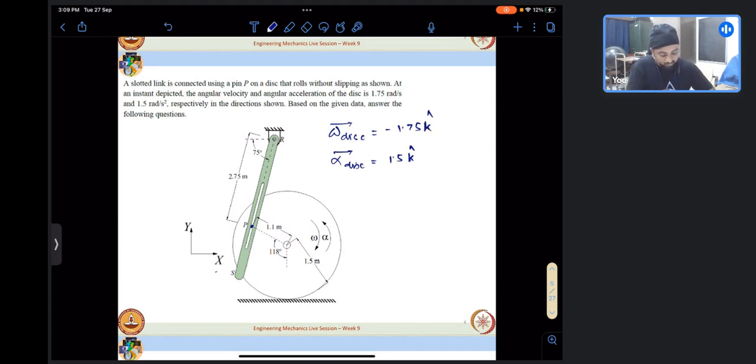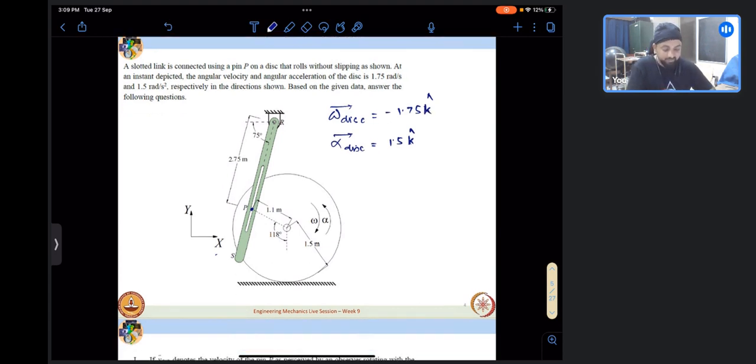We have also been told that the disk is rolling without slipping. Let us name this point O, and let us name this point of contact C at this instant. So we know that our instantaneous center of rotation, or instantaneous center of zero velocity, is point C. We have been asked some questions.